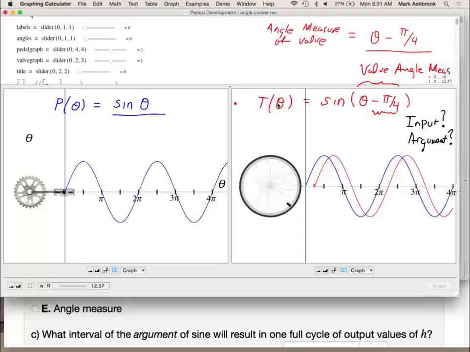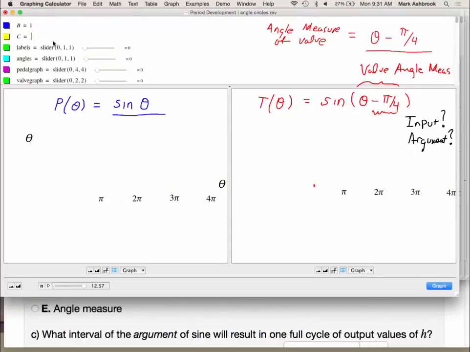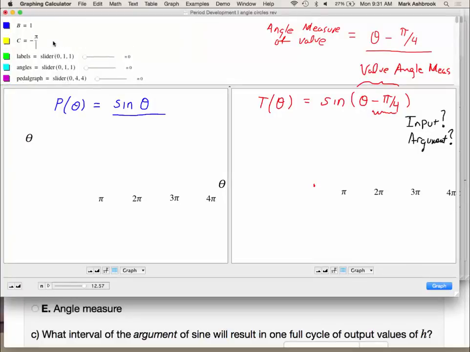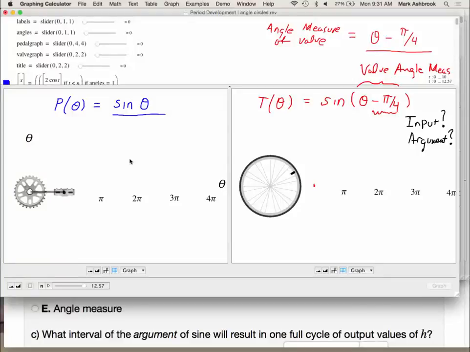Okay, so now let's do a similar example. So what do you see about the tire valve now?